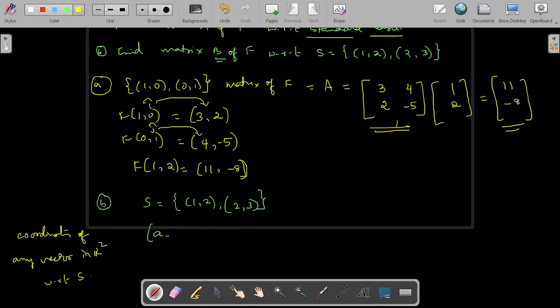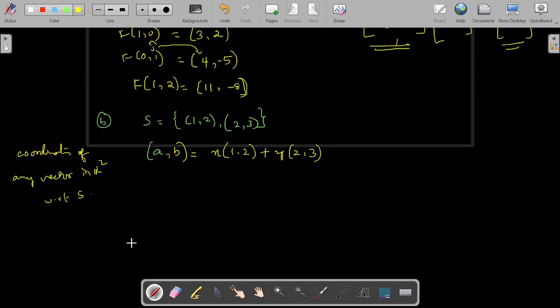Yes, take any vector in R² as (a, b). You have to write it as a linear combination of (1, 2) and (2, 3). So that x and y are called the coordinates of that vector in R² with respect to the basis. Yes, because when you change the basis, its coordinates also change.